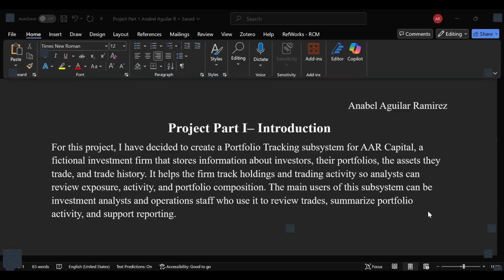This system allows analysts to review trading activity, portfolio performance, and investment exposure using structured relational data. I'm doing this project for my database systems class.